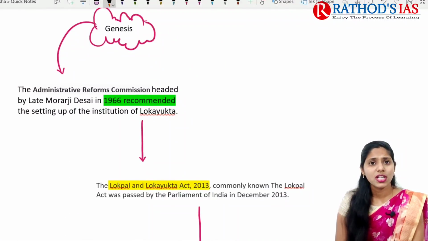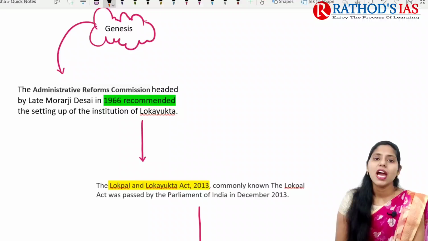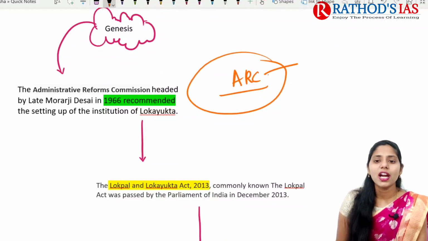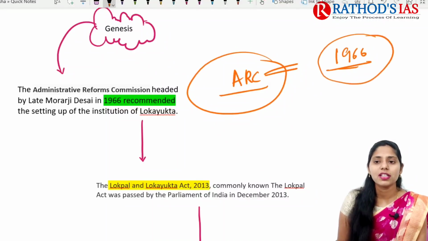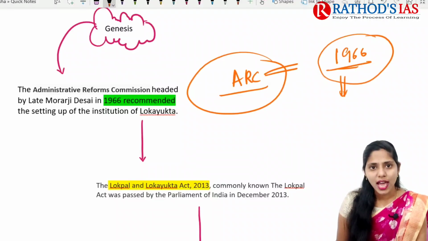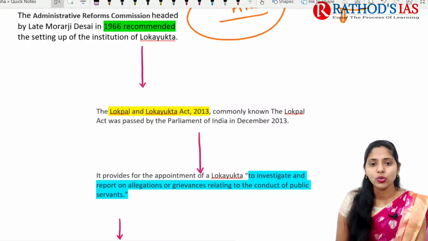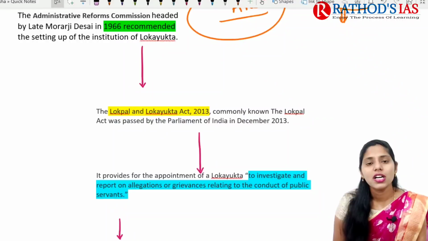If you are talking about the genesis or origin of the Lokayukta, it was the ARC, the Administrative Reforms Commission, headed by the late Morarji Desai in 1966, which recommended the setting up of an institution called the Lokayukta. Later, the Lokpal and Lokayukta Act of 2013, commonly called the Lokpal Act, was passed by the Parliament of India in 2013.